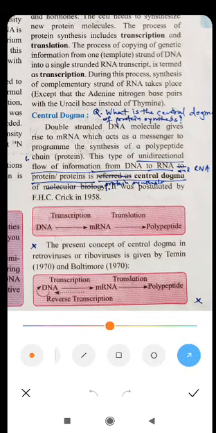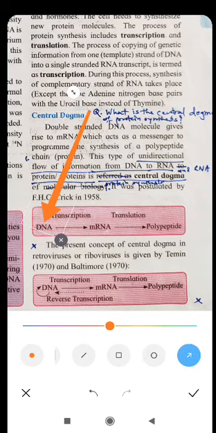And there can be a question on enzymes also. The enzyme required for formation of mRNA from DNA is called RNA polymerase enzyme. RNA polymerase produces RNA from DNA, and the enzyme required for replication of DNA, when DNA produces its own copy, is DNA polymerase. So you should remember all these enzymes.